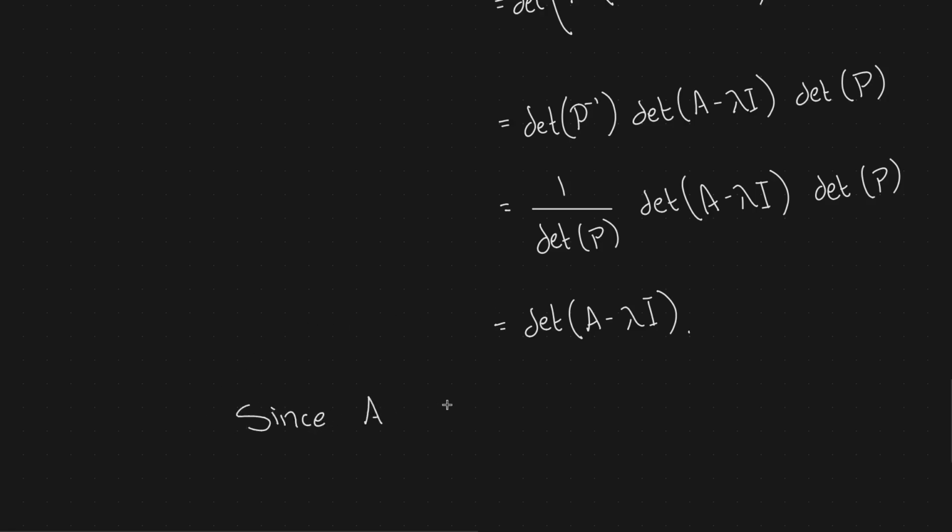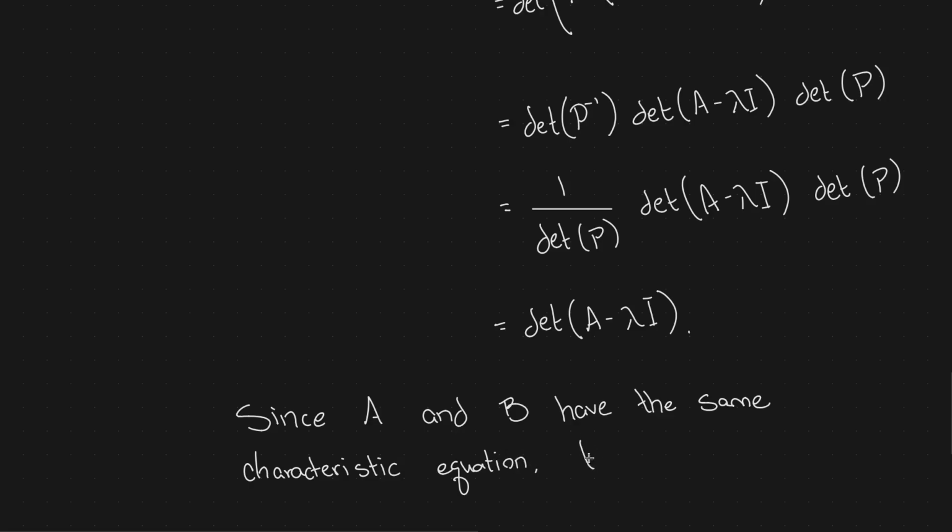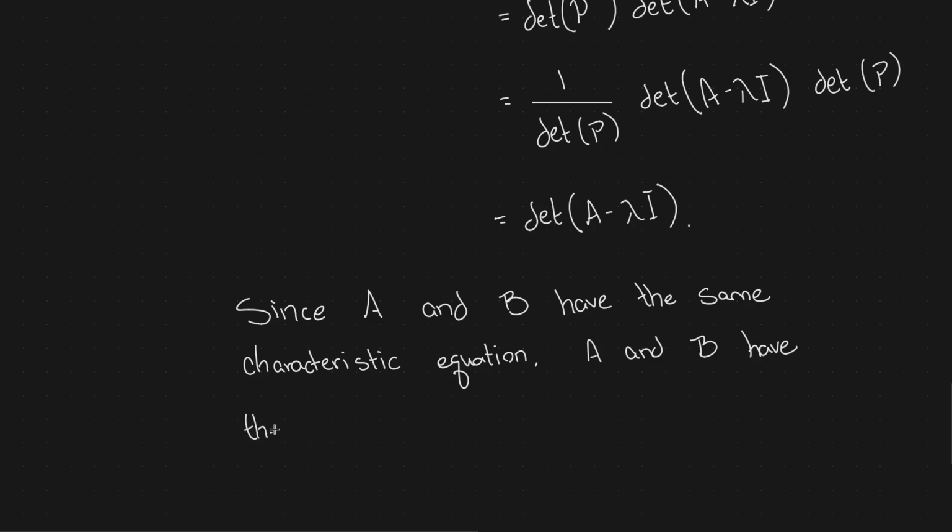Since A and B have the same characteristic equation, which is what we just showed here, A and B have the same eigenvalues.